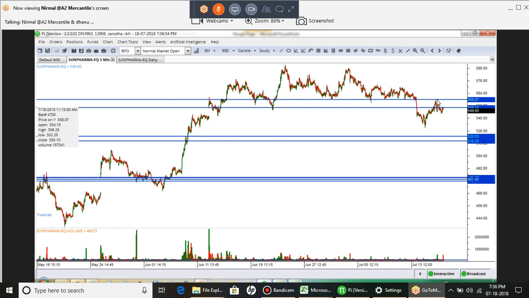So a positional short here in this area, the target to cover that would be somewhere here. Okay. And guys, you might have studied retracements, etc., right? In your trading experience.